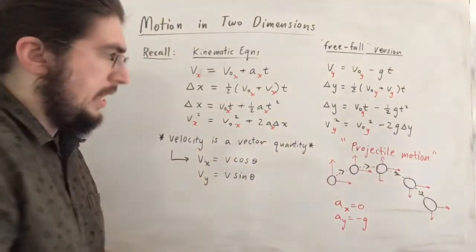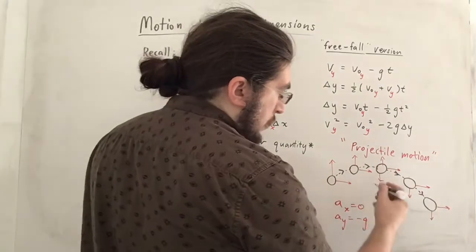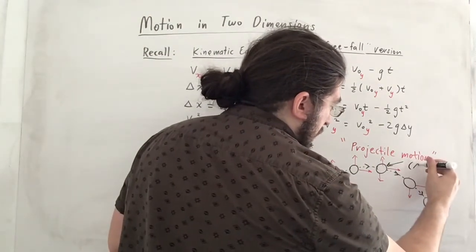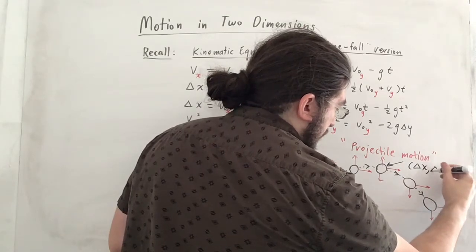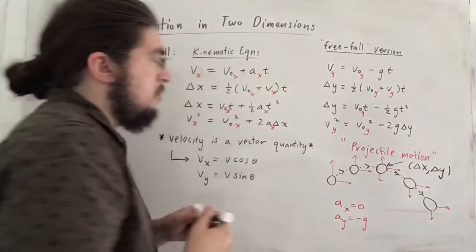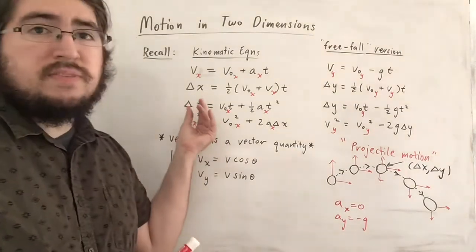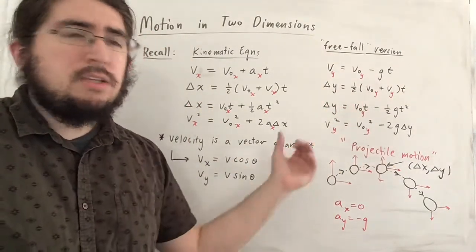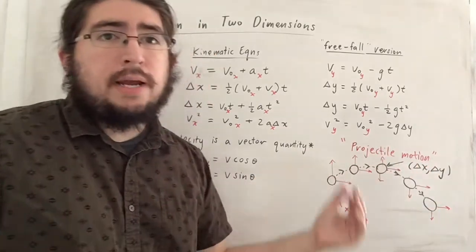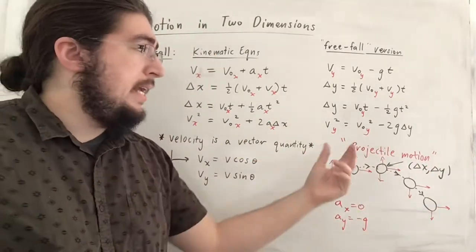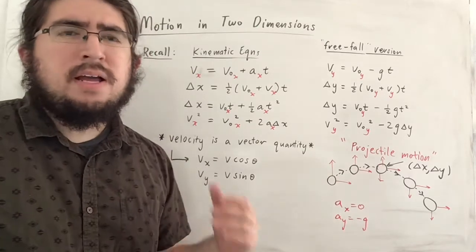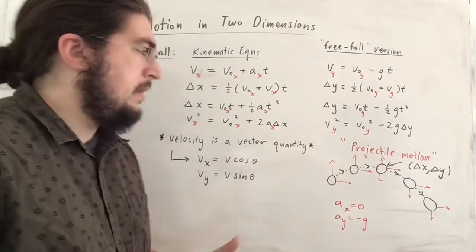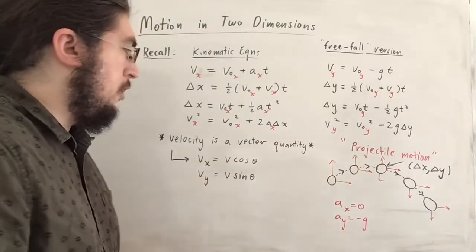Let's say these are treated as points, and this one in particular has a delta x displacement and a delta y displacement. If you solve for delta x, you can solve for it in terms of t, and if you solve for delta y, you can solve for it in terms of t squared. So basically this will be a point whose x value is in terms of t and whose y value is in terms of t squared. Basically, it tells you that the point is a quadratic over time. So it's going to have this kind of downward parabolic shape.